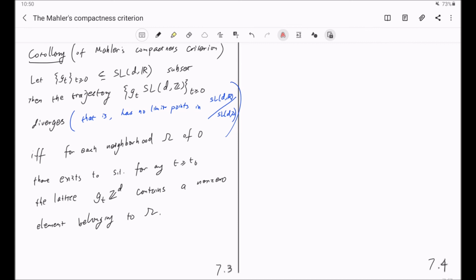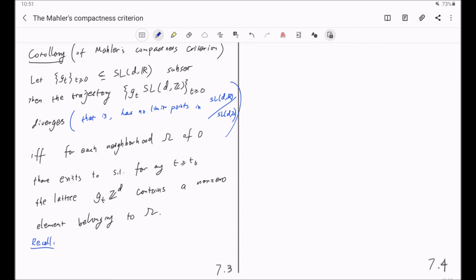Here, two objects, g_t SL_d(Z) and g_t Z^d, are really the same object through the identification.